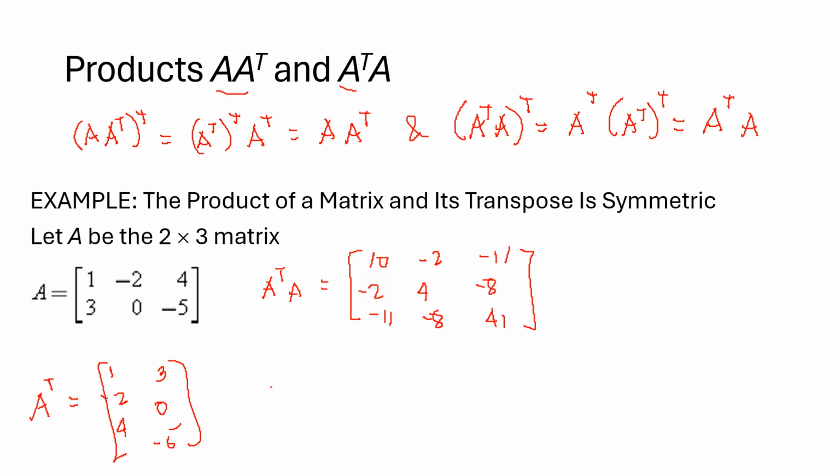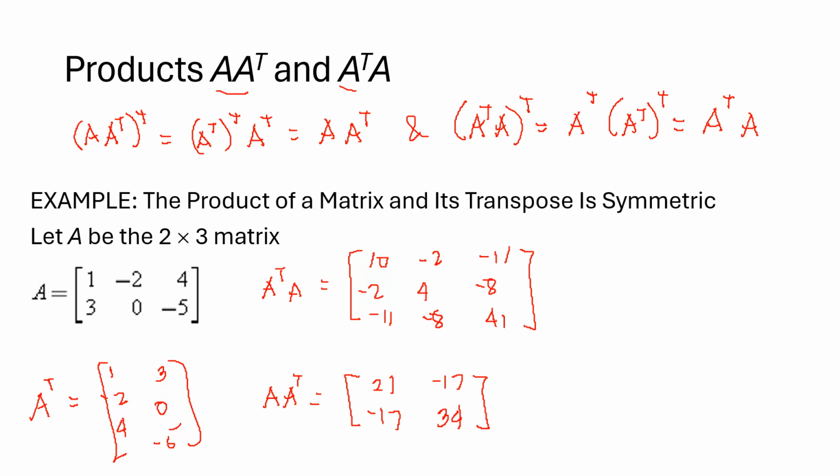And if you have A times the transpose of A, this is 21, -17, -17, and 34. So observe that the transpose of A times A and A times the transpose of A are symmetric as expected. Later in this discussion, we will obtain general conditions on A under which the products are invertible.